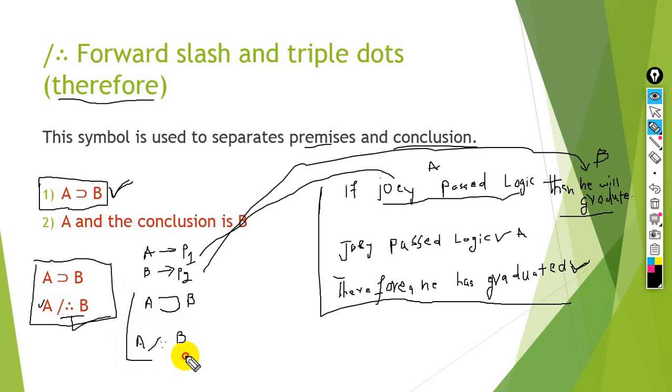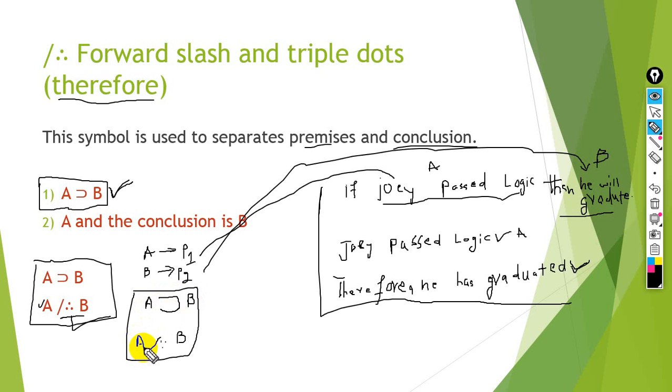Now we can understand that this symbol is for if and then, and this is used for the conclusion. So we understand the complete argument: if A then B. It means if Joy passed the logic then he will graduate.